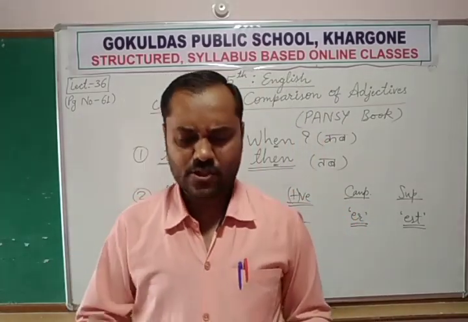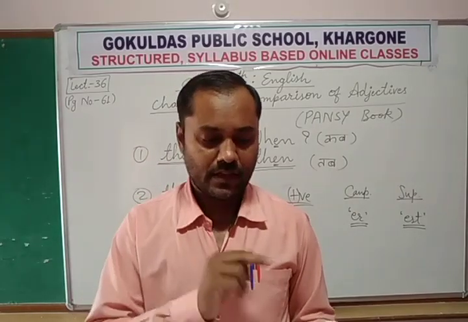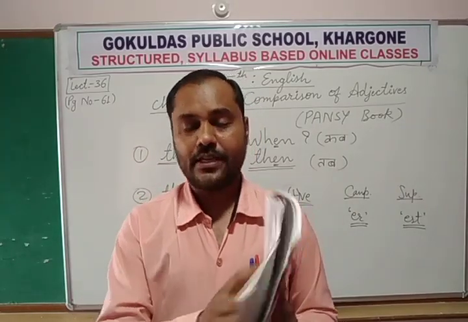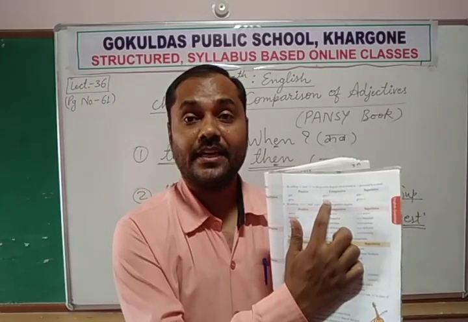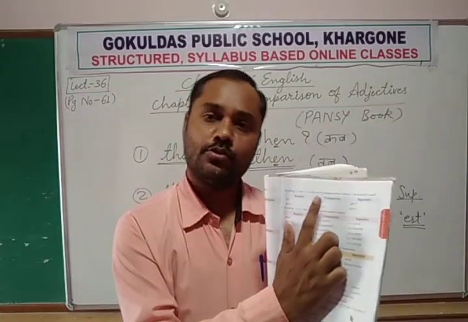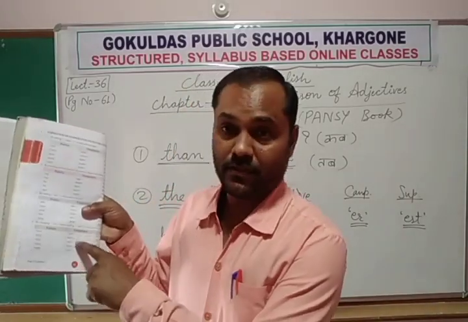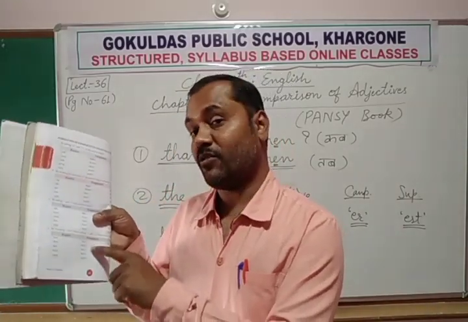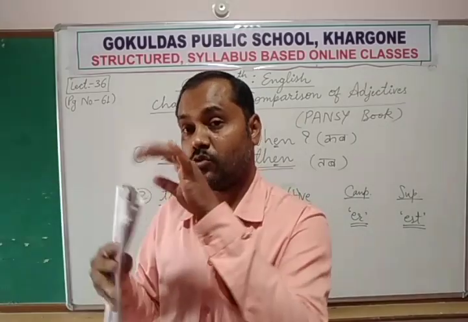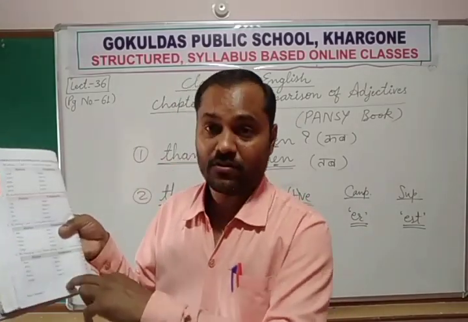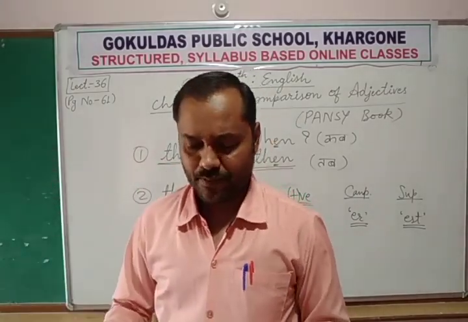Next table, these two are exceptions. Because here we didn't change y to i, you will learn these two spellings as the exception from this table. They are not included in this table; these two words don't follow this rule. Just to remember only.